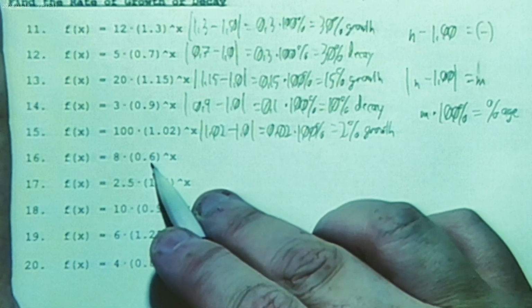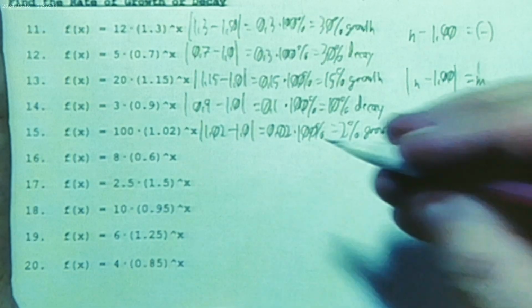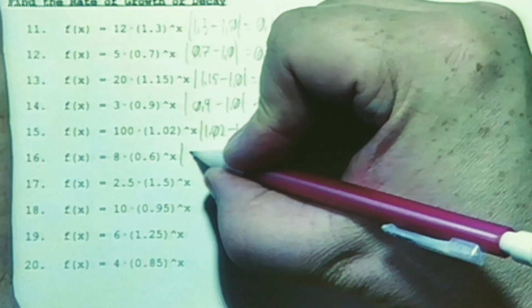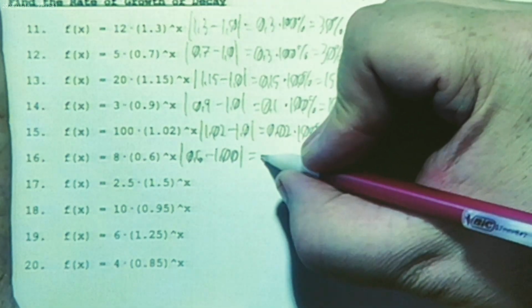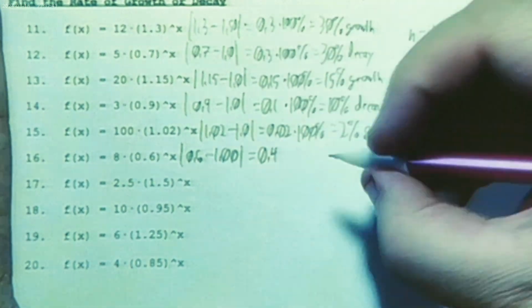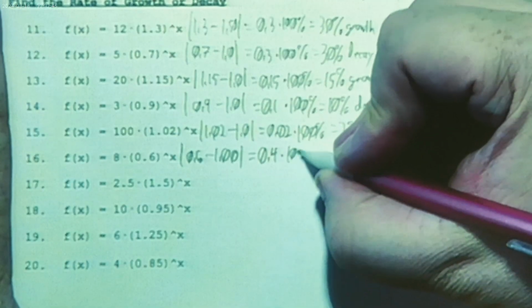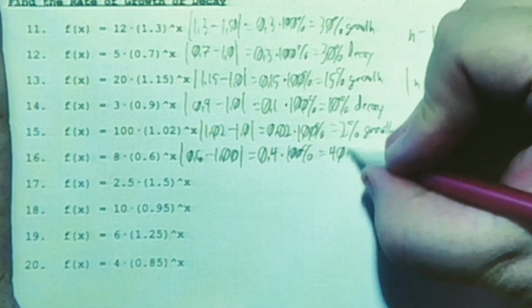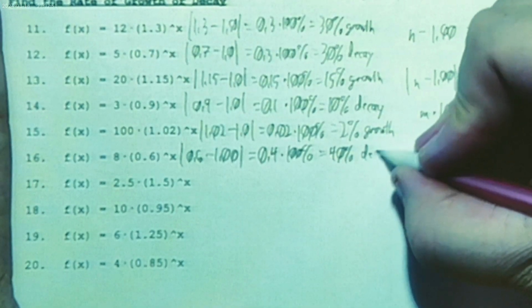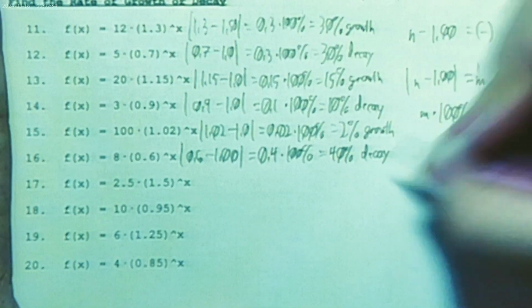So this number is less than 1, so I know whatever I'm calculating, it's going to be a decay. That gives me 0.6 minus 1.00. The absolute value of it gives me 0.4. Multiply that by 100%. And that gives me 40% decay. Decay. There we go.